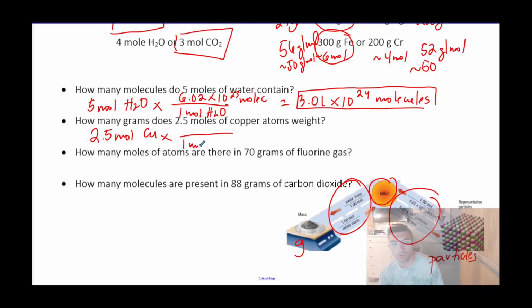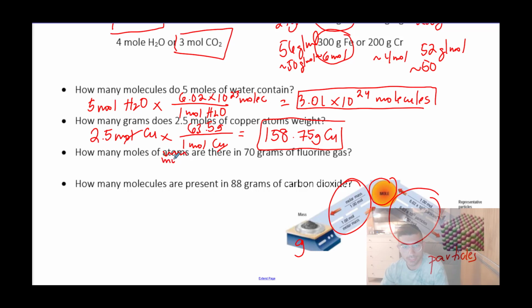So each mole of copper is 63.5 grams. Moles will cancel. I'll be left with grams. If we do that, 63.5 times 2.5, we should get 158.75 grams of copper.